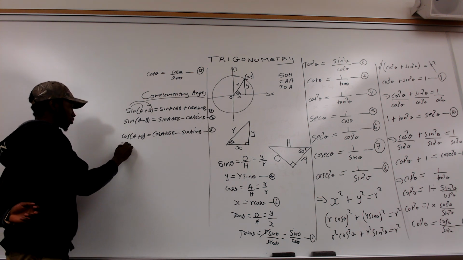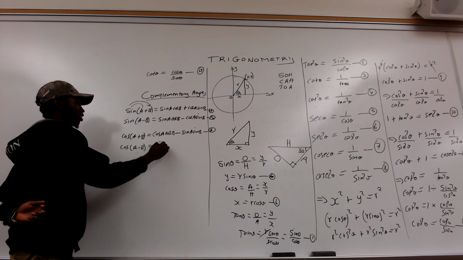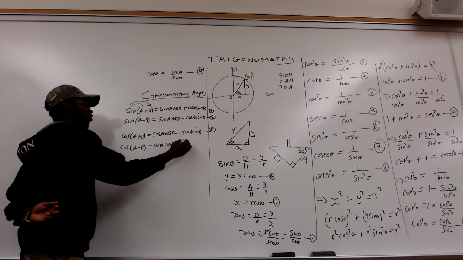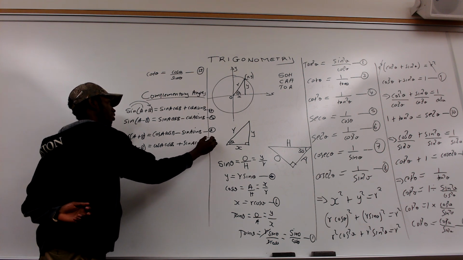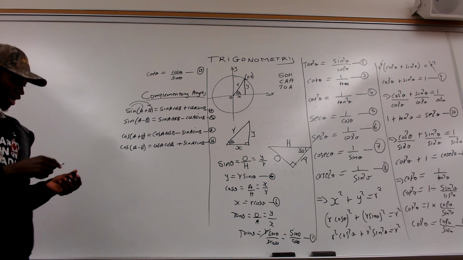If we take the negative sign, cos of A minus B is cos A cos B, and since here is minus, the sign changes to plus sine A sine B. This is identity 16.